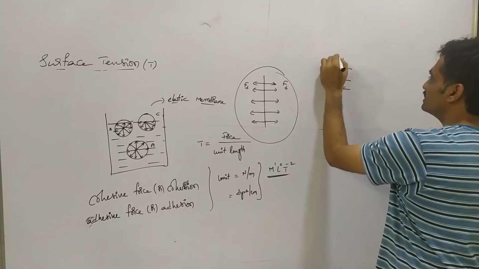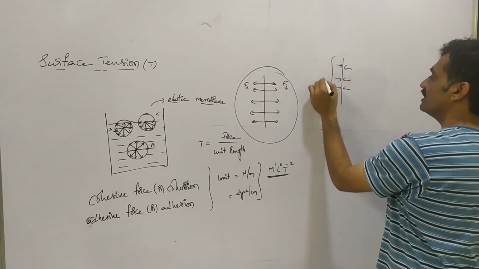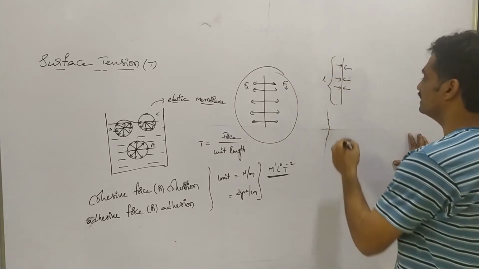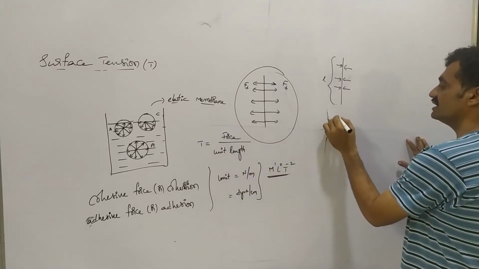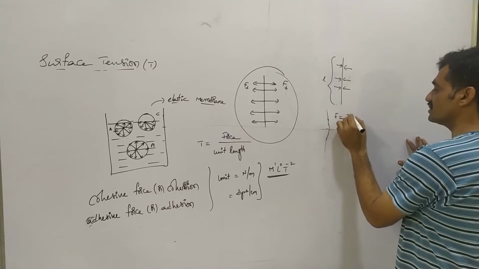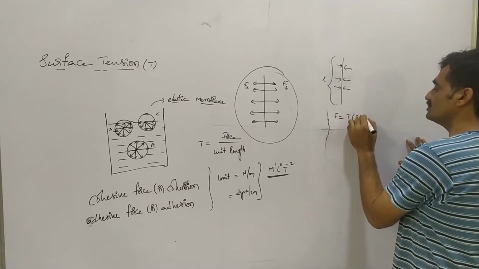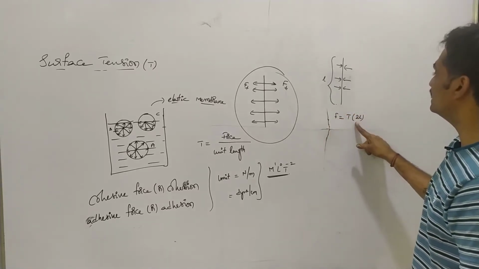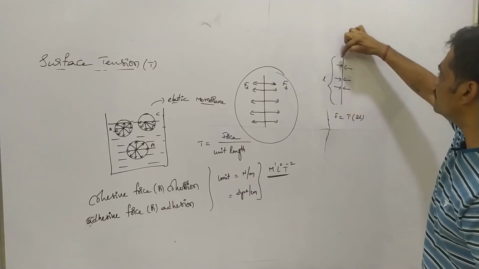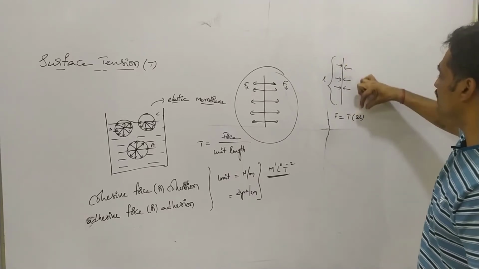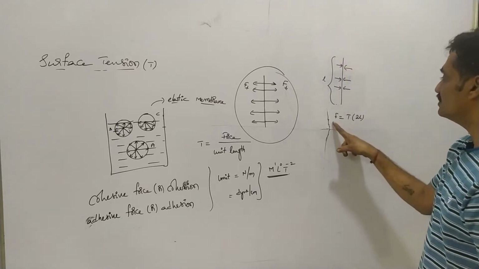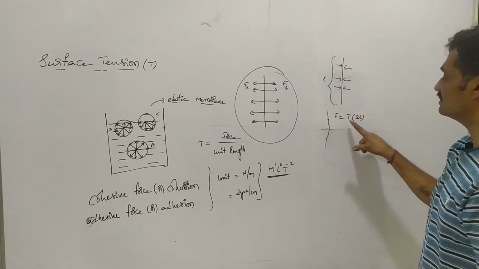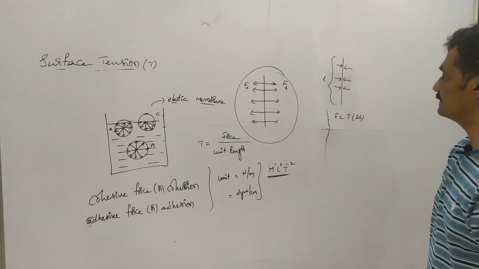If the length of this wire is L, then the force acting based on the surface tension is F equals T into 2L, where 2L is the length. Since the tension is acting on both sides, we consider the length on both sides. So the force acting on this wire is F equals T into 2L.